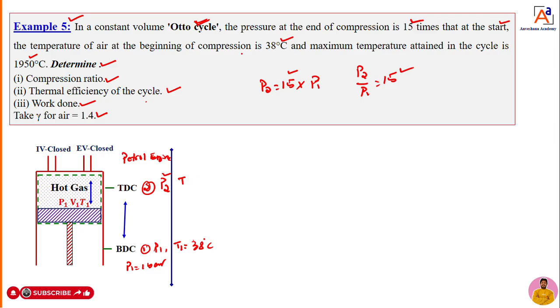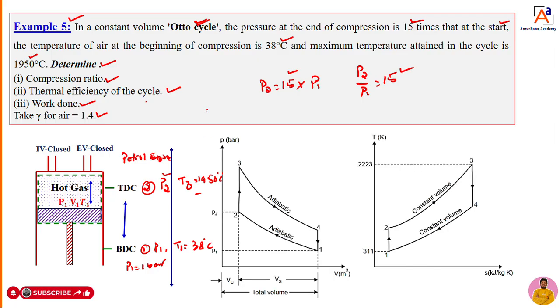He is telling that the temperature at the beginning of compression is 38 degrees Celsius and the maximum temperature attained in the cycle is 1950 degrees Celsius. Maximum temperature is T3, 1950 degrees Celsius. This data he has given. With the help of this data, you have to calculate the compression ratio, thermal efficiency of the cycle, and work done.